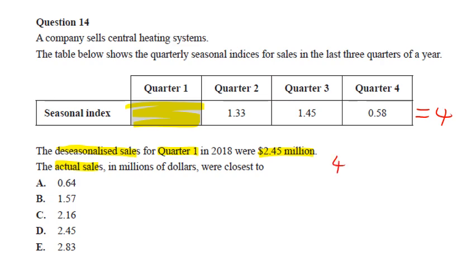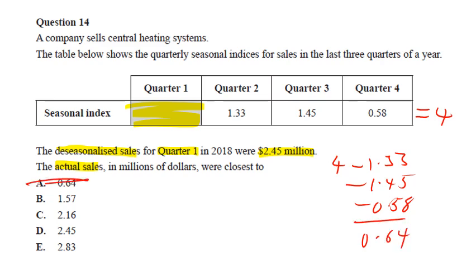So 4 minus 1.33 minus 1.45 minus 0.58 equals 0.64. We didn't ask to find the seasonal index, so that's not correct. And we know it's not 2.45 because it's not going to just give you the number. They're obviously going to give us some calculation. You've got to think to yourself, how do we do this?